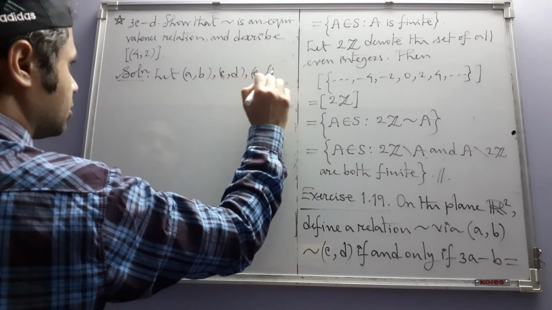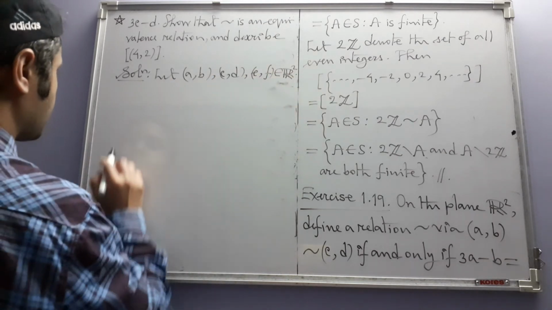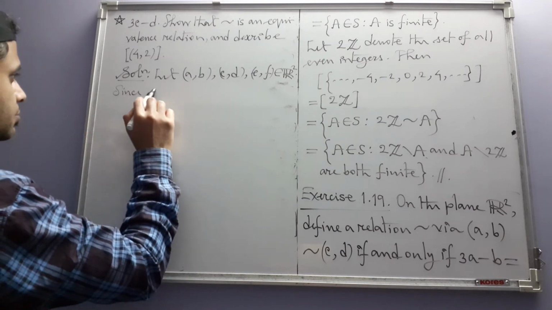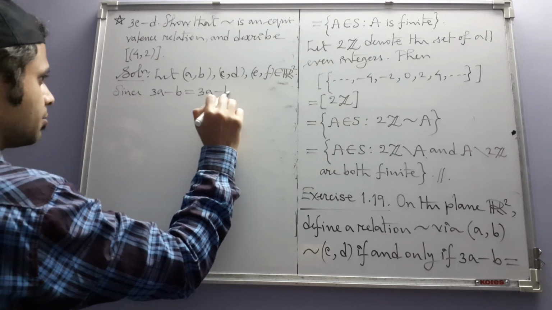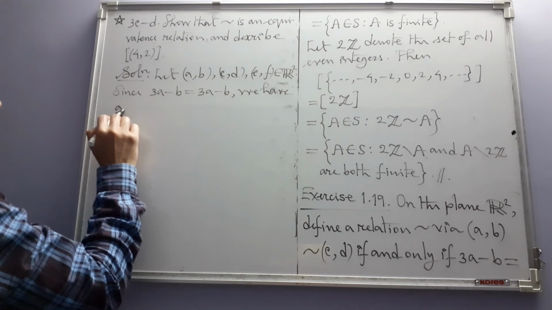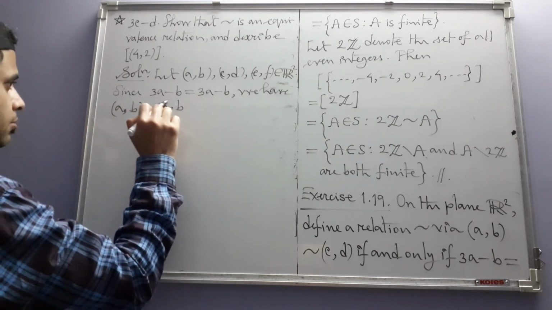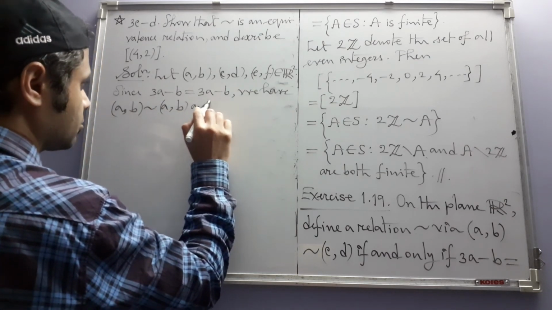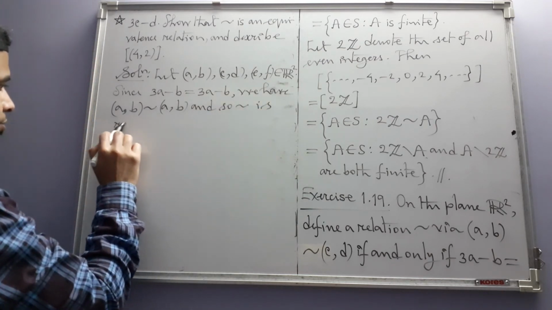And e, f belong to the plane. Since 3a minus b is equal to 3a minus b, we have a, b related to a, b itself, and so this is reflexive.